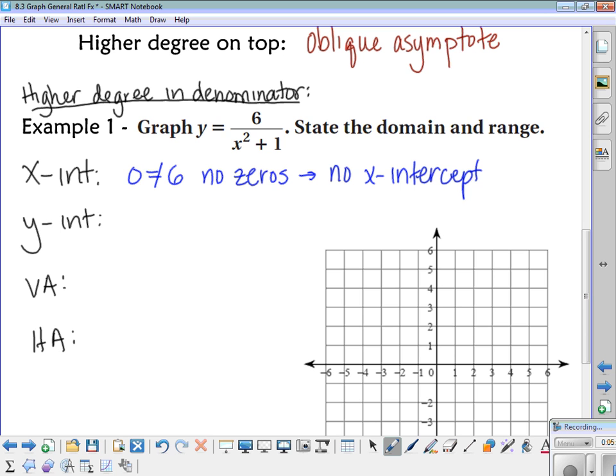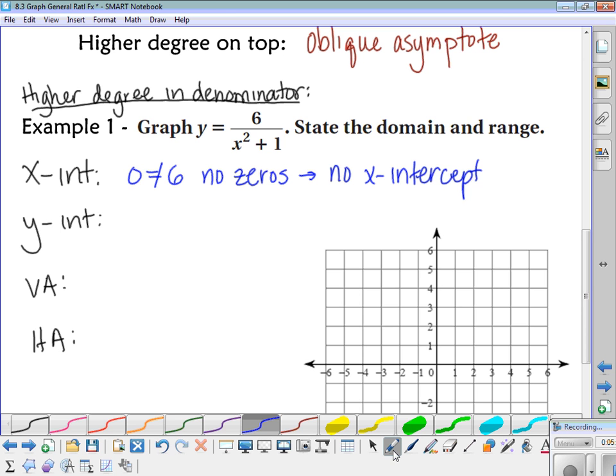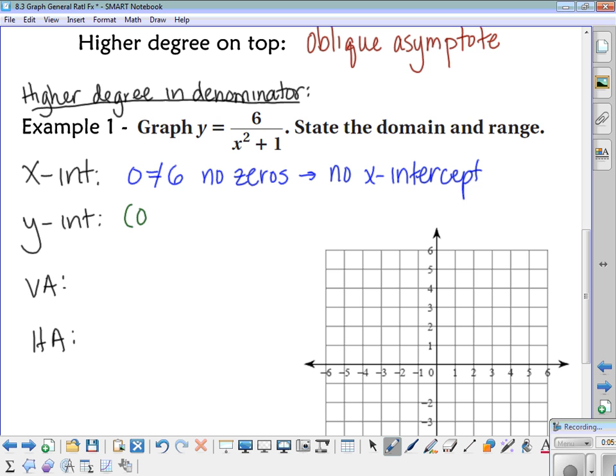And for my y-intercept, I plug in 0 for x. So if x is 0, what does y come out to? Right, we have 6 over 1, so it comes out to 6. So my y-intercept is at (0, 6). I'll go ahead and put that on my graph, since I already know that point now.